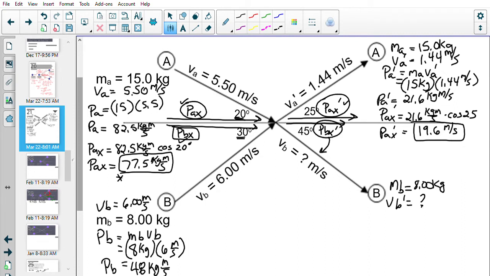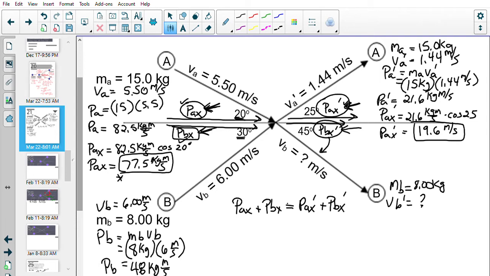So I now have 3 of the 4 numbers that I said at the beginning, because I said that PAX plus PBX is going to be equal to PAX prime plus PBX prime. So I'm going to set that up as a formula. PAX and PBX has to add to give the x after and the other x after.